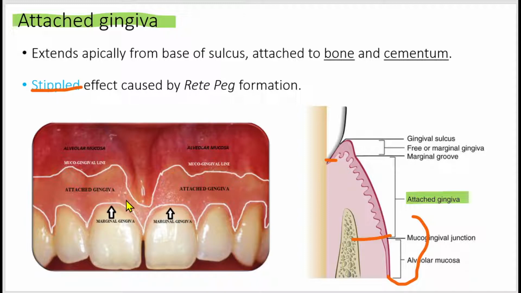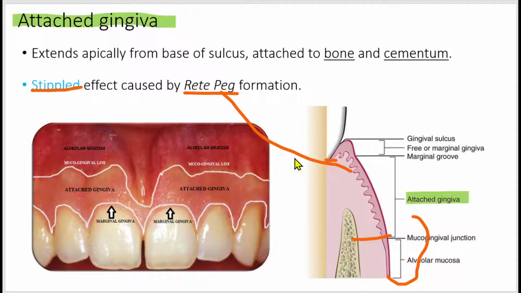It has these small dots in it, and that is the effect of the rete pegs. Histologically, when you look under the microscope, you see that the layer of cells that covers it has that wiggly effect, and this is technically how they are connected to each other, and that's what we call the rete pegs.